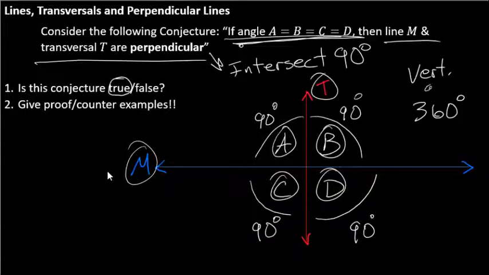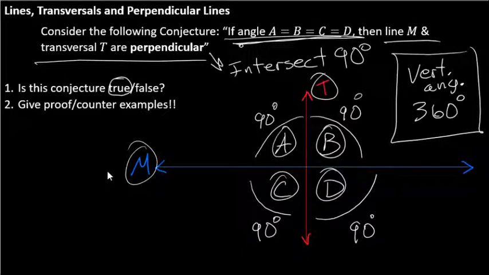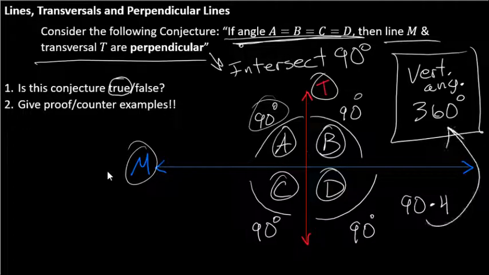Vertical angles always add to 360 degrees. So if all four are equal, all four of them have to be 90 degrees. 90 times 4 gives me the 360. Okay, so my proof would be this picture right here, plain and simple, right?